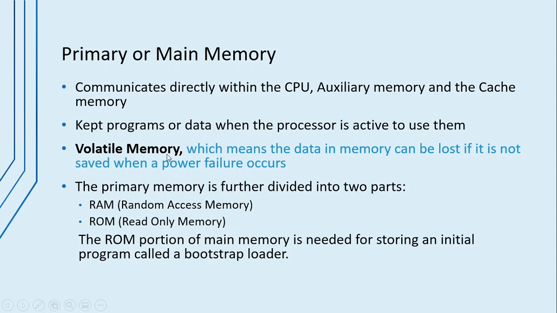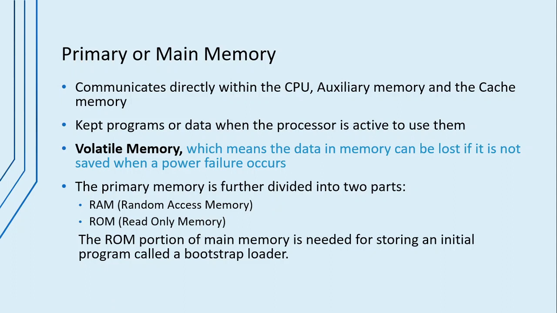Now see here, I have written volatile memory. But if your main memory is made up of ROM only, then this is an example of non-volatile memory, because in your memory you may require some part that stores permanent data.